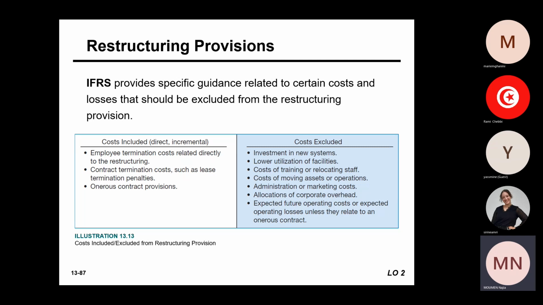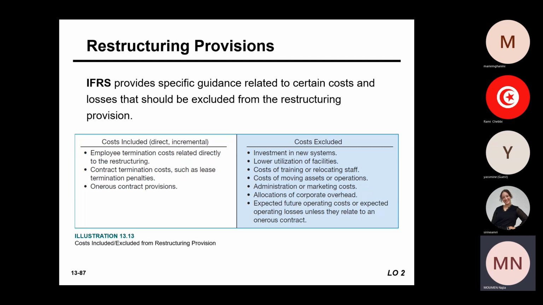What you can include is, for example, employee termination costs that are directly related to that restructuring. You can also include other contract termination costs, such as lease termination penalties and any other types of onerous contract provisions.